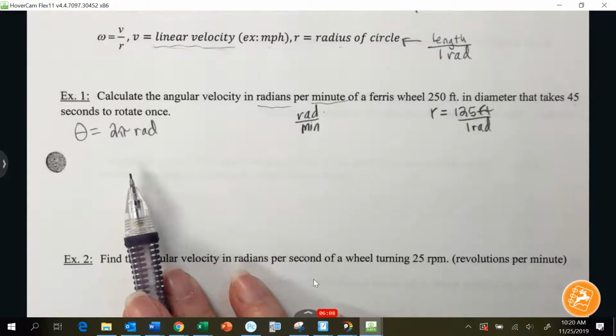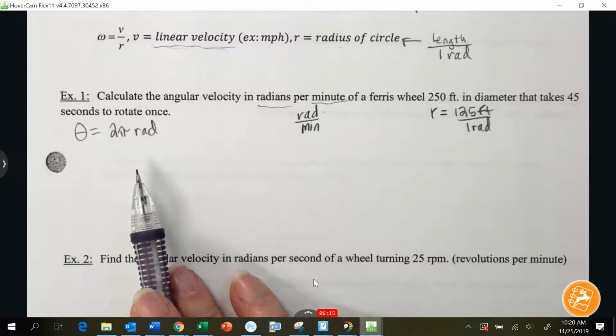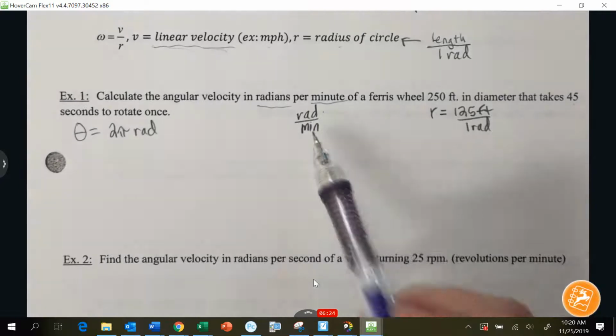I know the radius. So I'm looking at my formulas above. I know that omega needs to be radians per minute when I'm done.